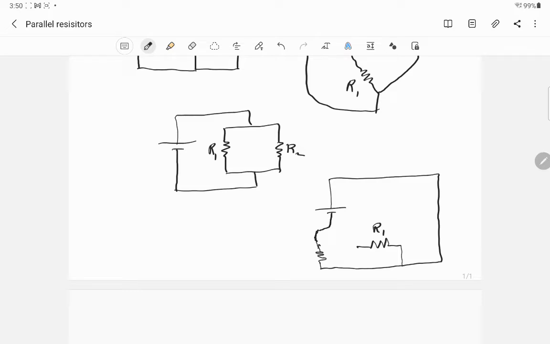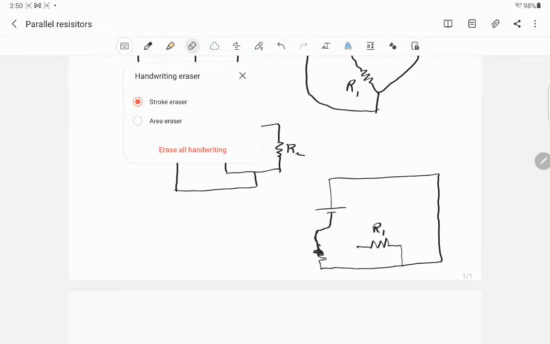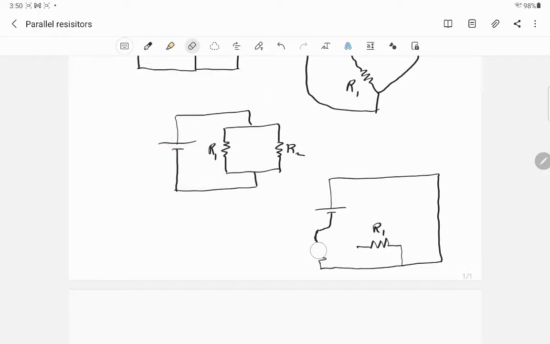They're going to end up having to be connected to the battery on the back, but I'm going to connect them right before. Yeah, so this is also an equivalent circuit.